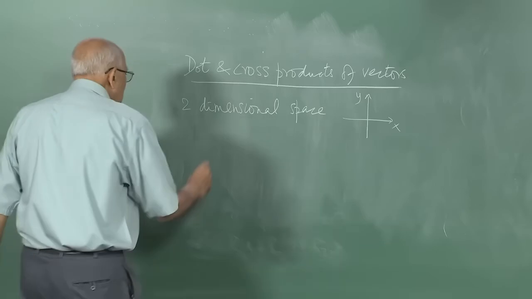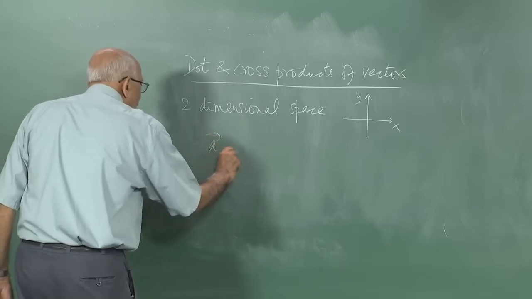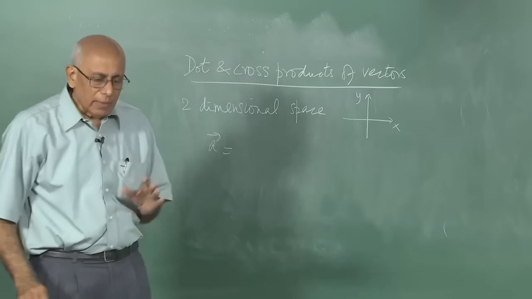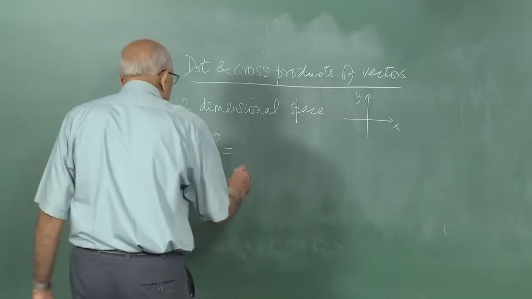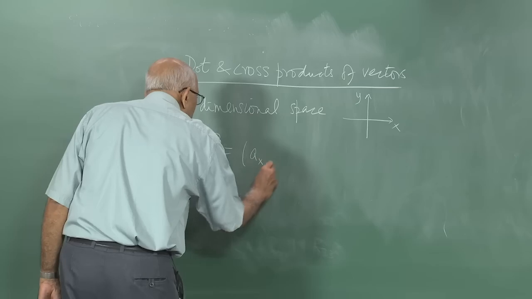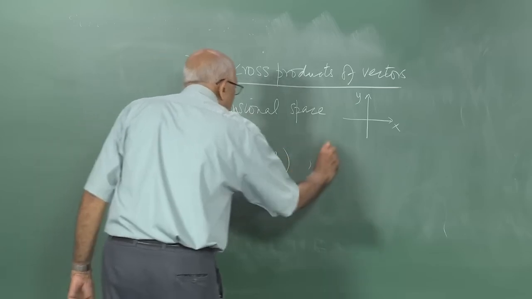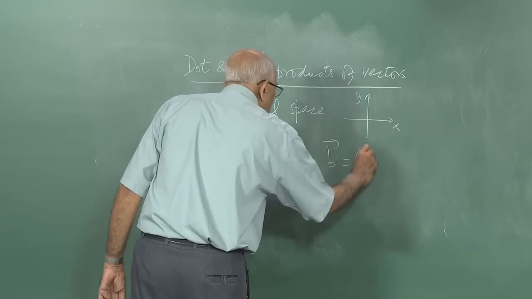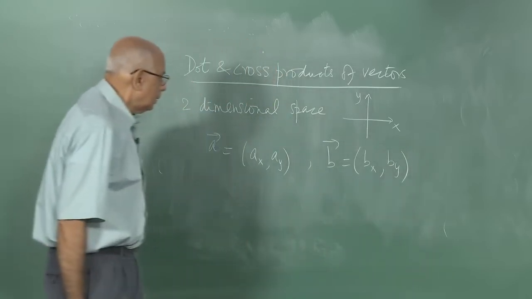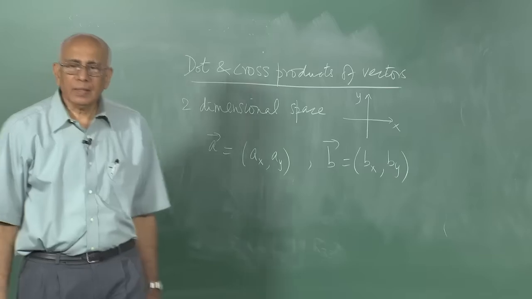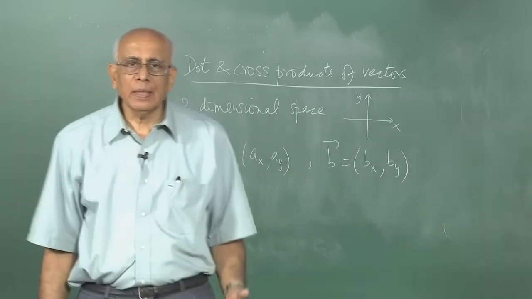In this space if you have a vector A and it has components a_x and a_y, and another vector B which has components b_x and b_y, then the question that we can ask is, can we form scalars from these vectors?